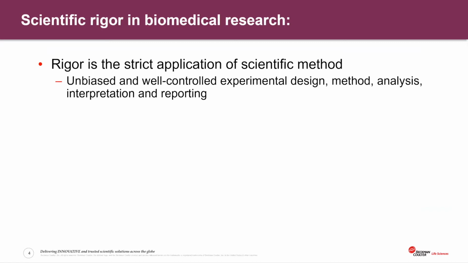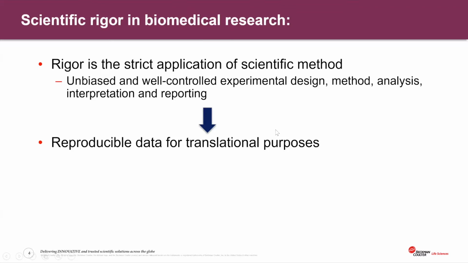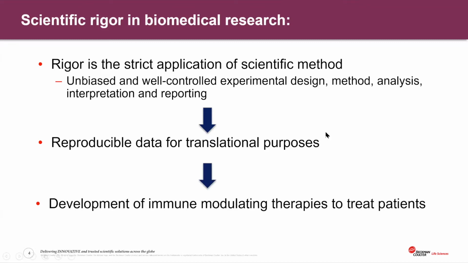It has to be done in an unbiased and well-controlled manner, so that we can reproducibly generate data for translational purposes. The translational purposes being the development of immune modulating therapies that can in turn treat patient diseases.